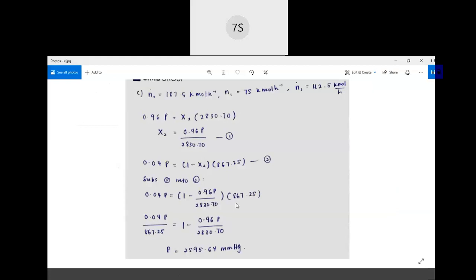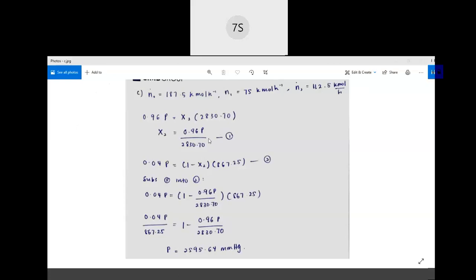Okay. So we are given the molar flow rates for the vapor feed, the overhead product, and the reflux. And we get these values from questions A and B.